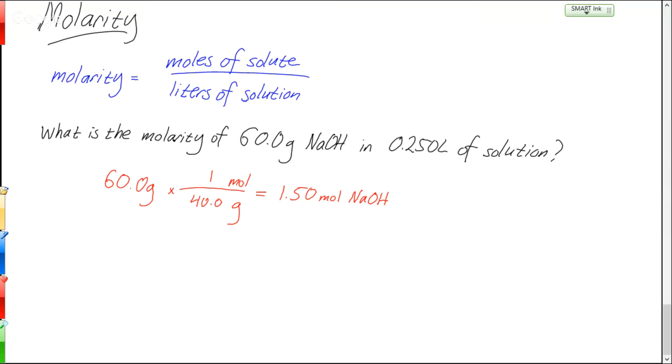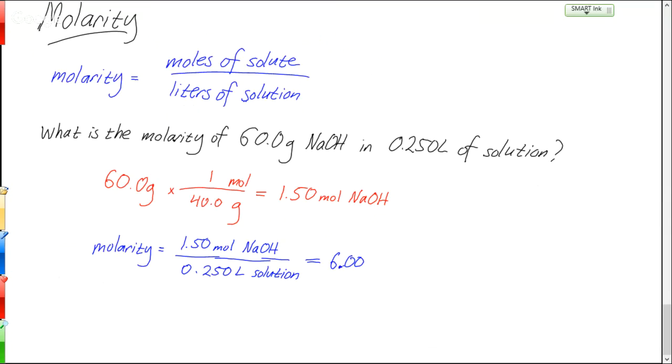We have liters of solution, so we can calculate the molarity, the concentration.